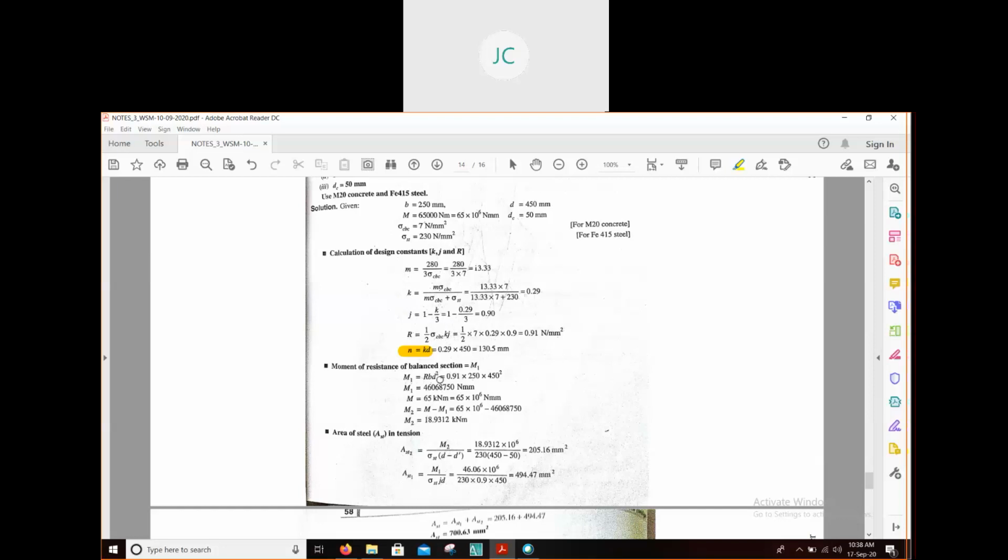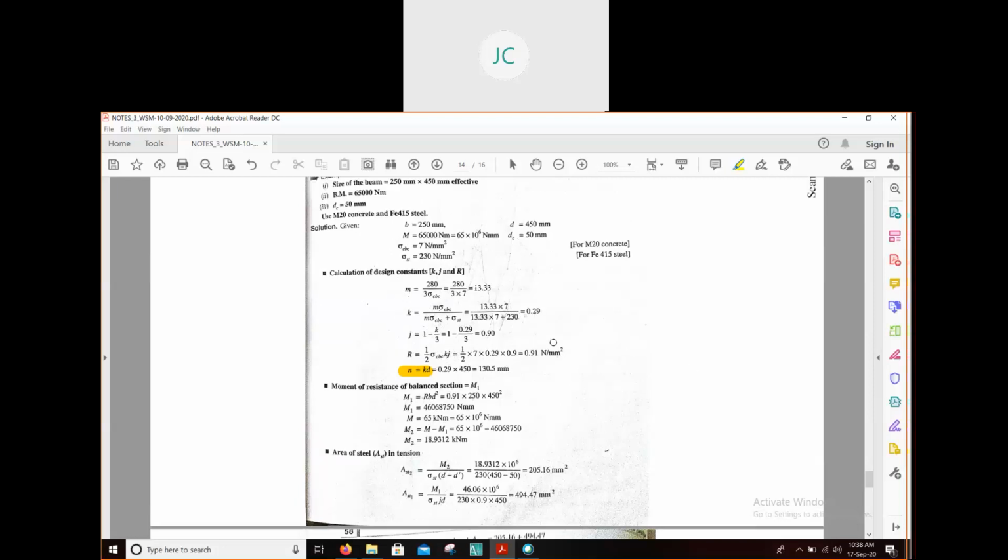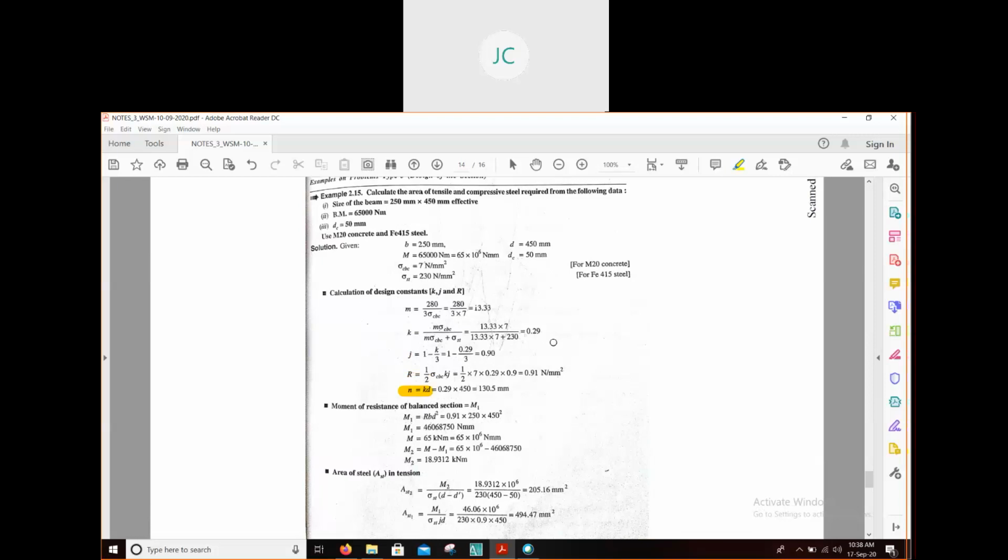So this is the procedure by which we can design a section, because AST and ASC both are unknown, and we have to calculate how much steel we will provide in the tension zone as well as how much steel we will provide in the compression zone. That's why the type of problem here is the design of the section.